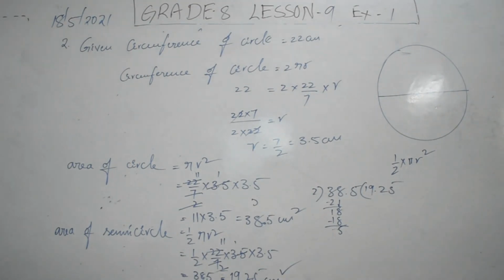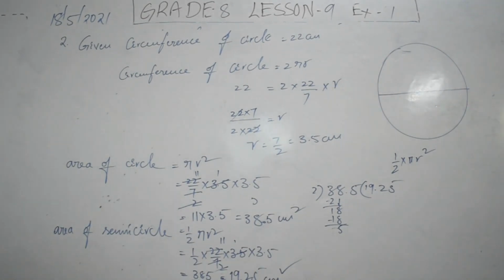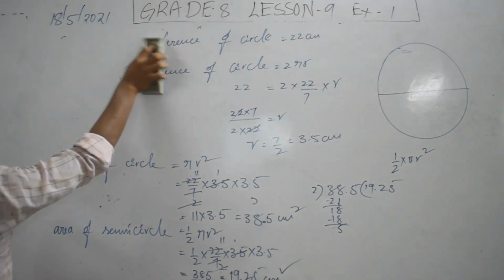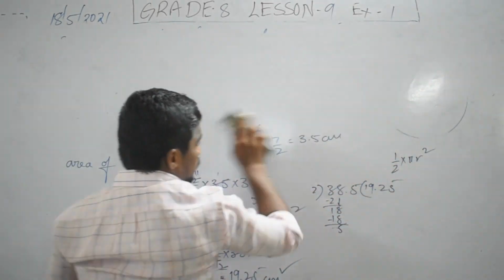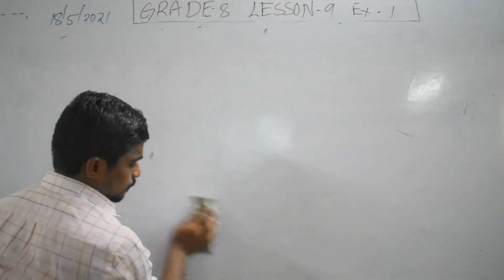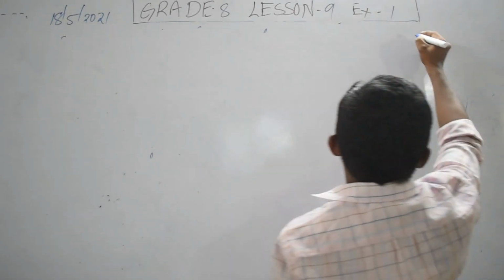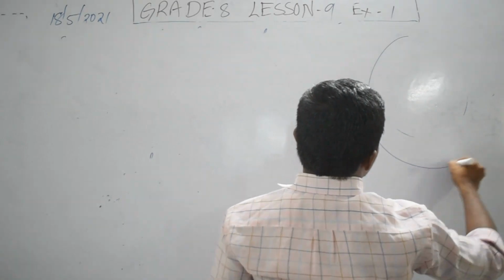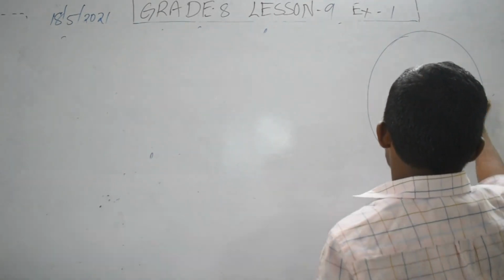Next one. Only one or two example problems remain, we are seeing them. After that we are going to the exercise. Next one, one different problem. Here, now this is one circle. Now this is one circle.